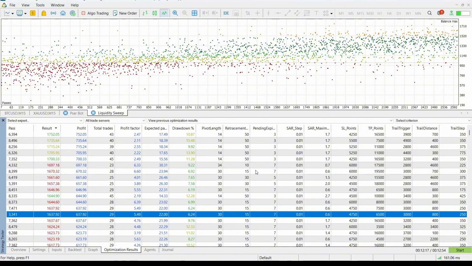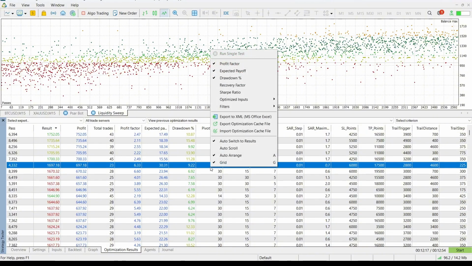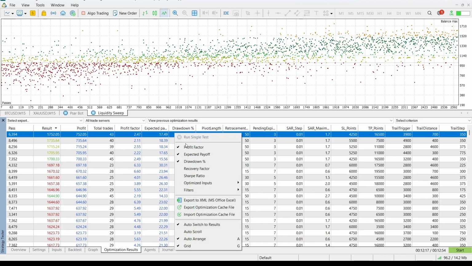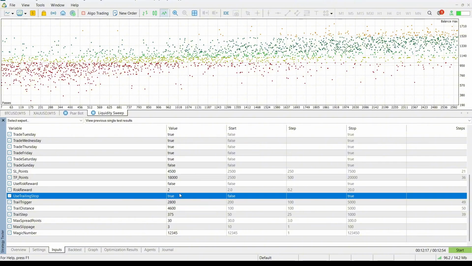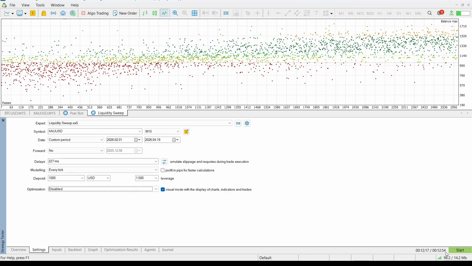But once you've done your optimization and you right click on one of these settings, you can run a single test, and if you're happy, it'll put all the settings in here, and you can run a visual test or just a test without visual mode.